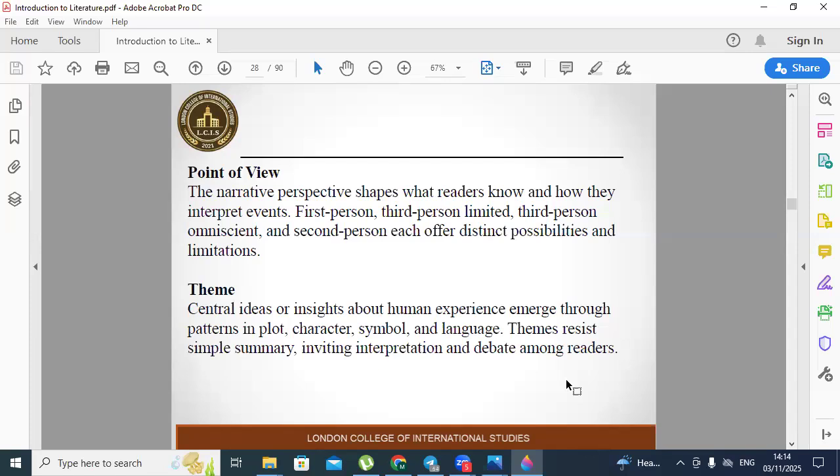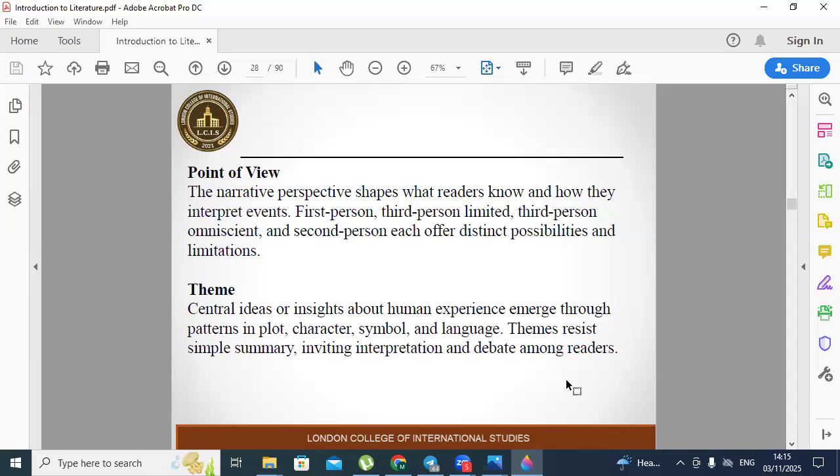Theme. Central ideas or insights about human experience emerge through patterns in plot, character, symbol, and language. Themes aren't messages that can be reduced to simple statements like "war is bad" or "love conquers all." Instead, themes are complex ideas that the story explores from multiple angles.